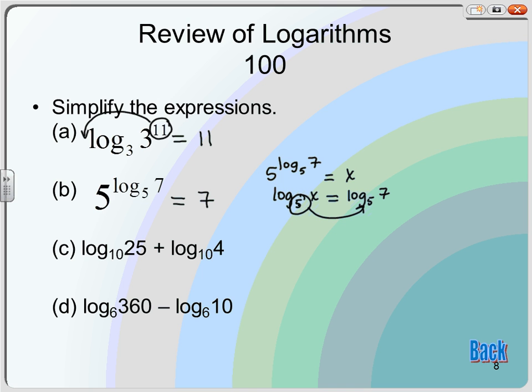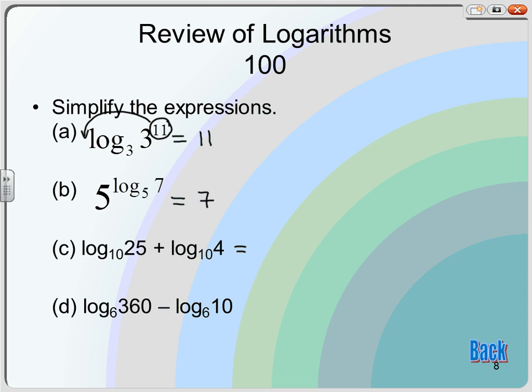That's switching from log to exponential and exponential to log. That's where that's coming from. So now you can see if log base 5 of x equals log base 5 of 7, then 7 is equal to x. So that's why that works. The easiest thing to remember, though, is if you see 5 raised to log base 5, they cancel, it's just a 7. Same thing with the log base 3 of 3. They cancel, it's just 11.